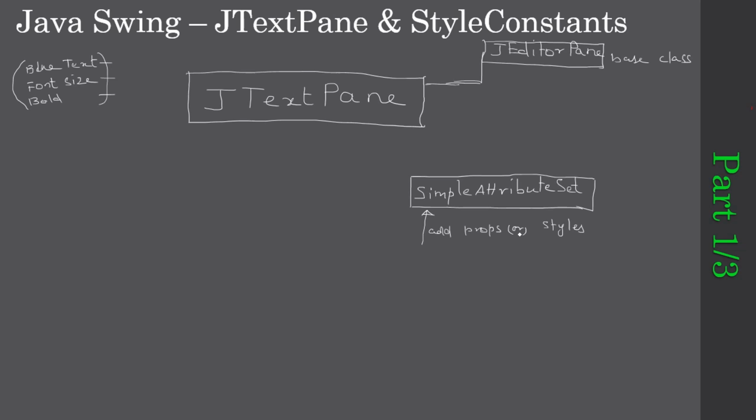So you can add property or style to this SimpleAttributeSet using the utility StyleConstants.